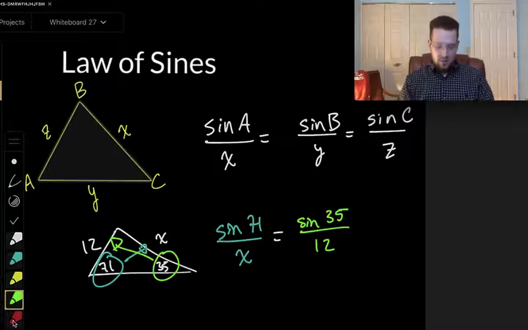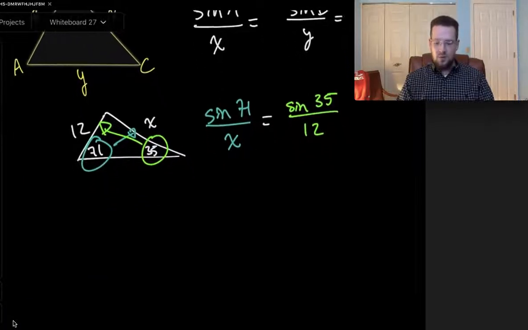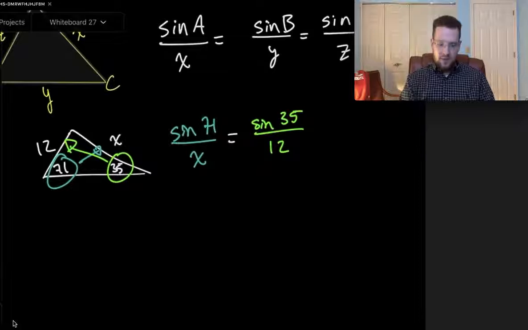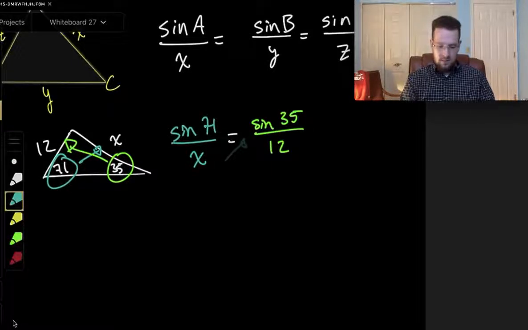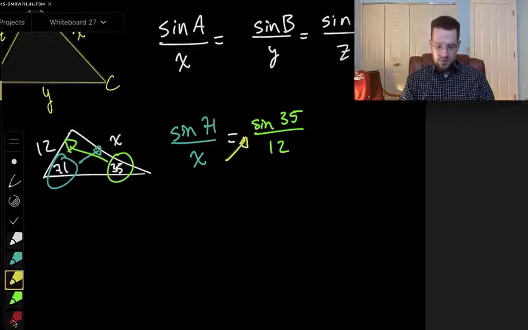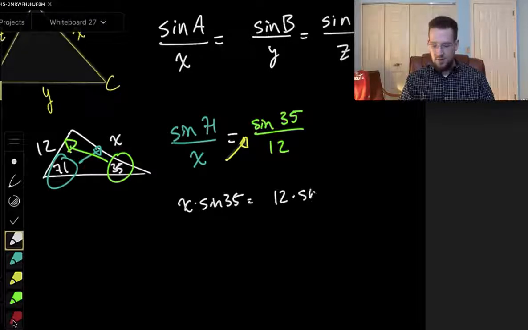Okay, so what I'm going to do here is some cross multiplication. So this is x times sine of 35, and this is 12 times sine of 71.